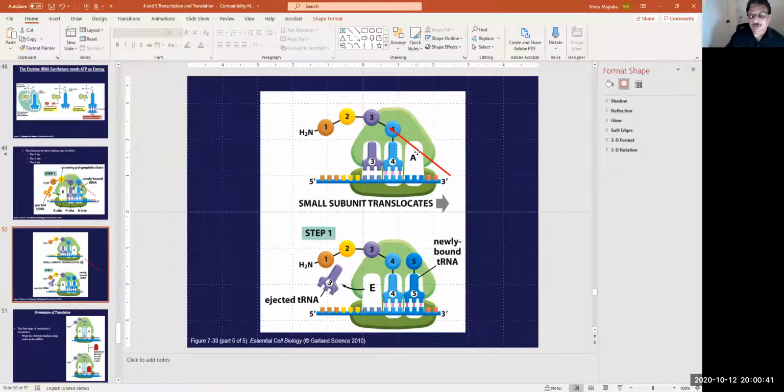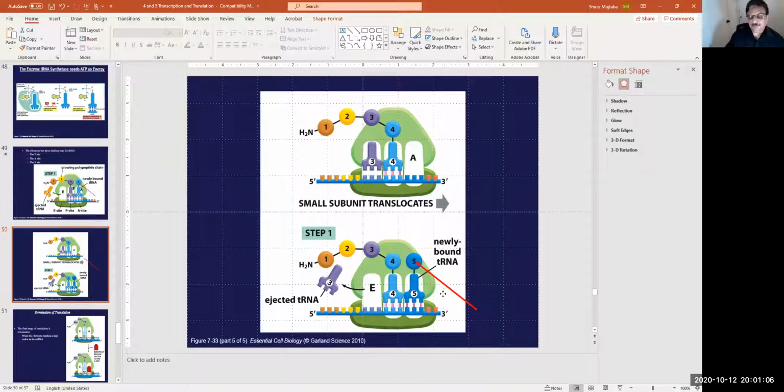formation of peptide bond between amino acid number 3 and 4. Now, since the peptide bond formation has taken place, for the 3rd tRNA there is nothing there, so it has to be exited out, right? So if you see here, the tRNA has exited out. Now on this acceptor site, the 5th amino acid comes, right? Now what has to happen?